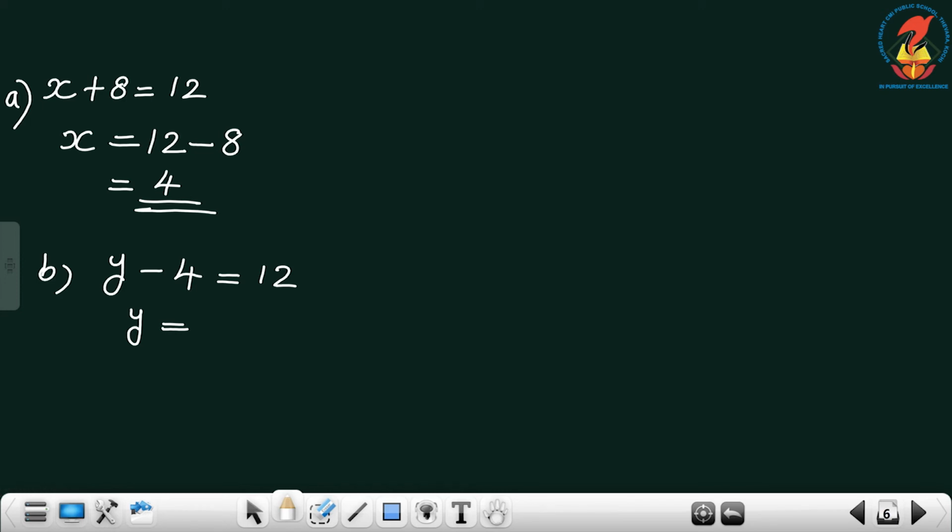That means 4 is subtracted. So when 4 moves to the other side, 4 should be added. So what is given here? 12. 12 you have to write first. So 12 plus 4 is equal to 16. So subtraction becomes addition.